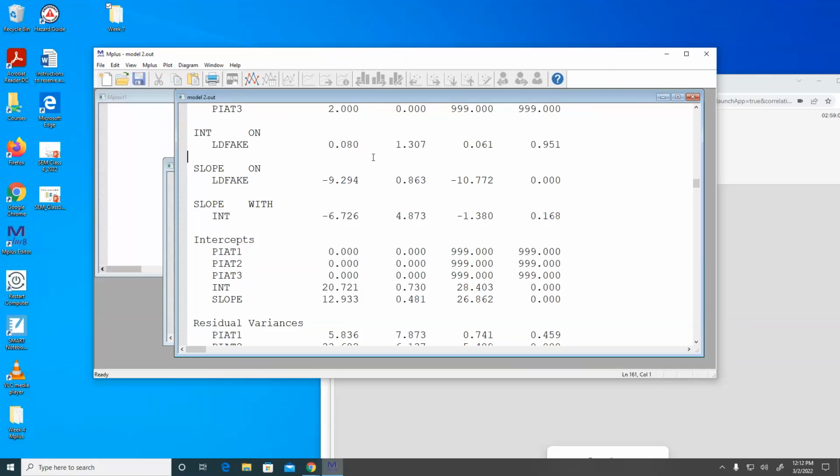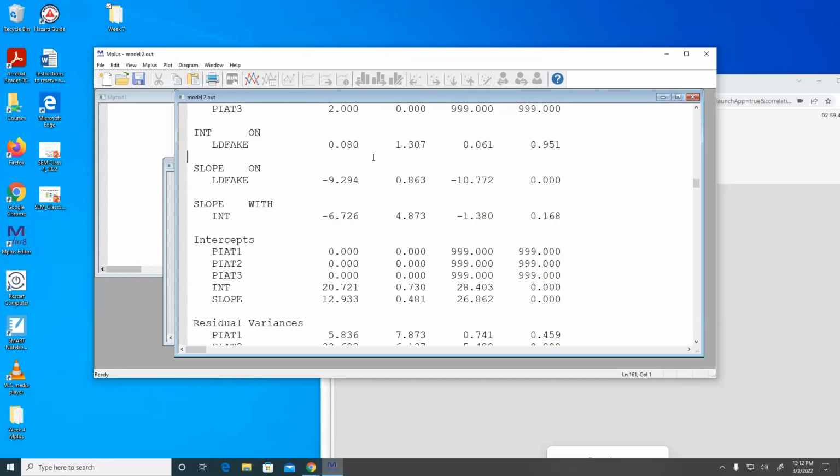Now I have the slope on LD fake, and the intercept for my slope has changed, right? It was 10 before, but now it's actually 12.93. That's because this is now the growth slope for students without LD, which is 12.93. The differential between students without and students with LD is that slope on LD fake, which is negative 9.29.